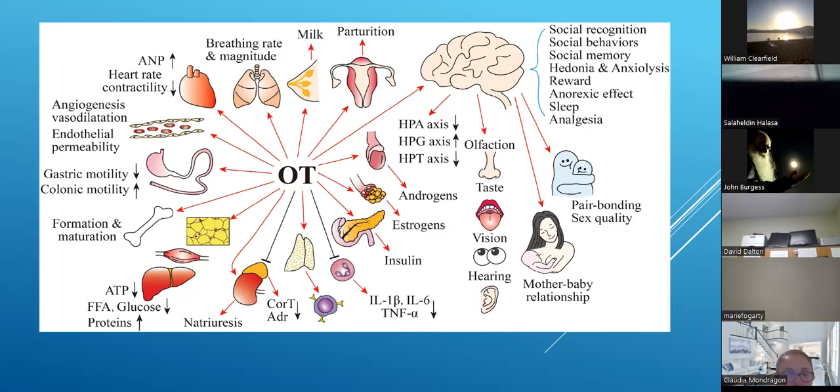And oxytocin helps bonding and pairing with your spouse, with your dog, and that mother-baby relationship, right? It enhances monogamous relationships, by the way. It helps social recognition, social behavior, and social memory. It induces sleep and has an analgesic effect. So I think it has everything that we're looking for, right?